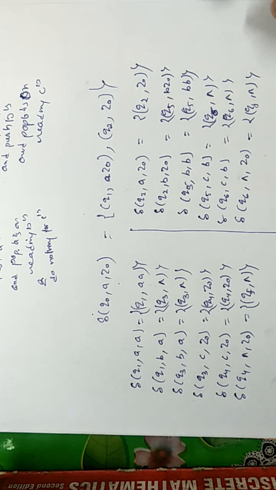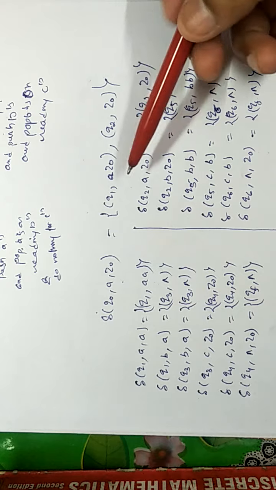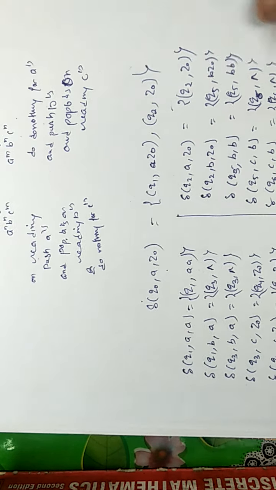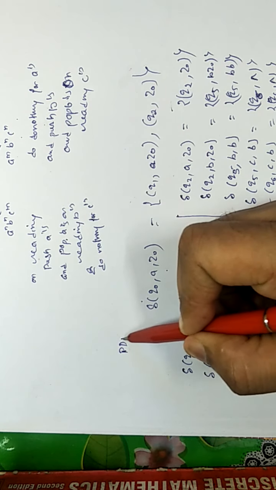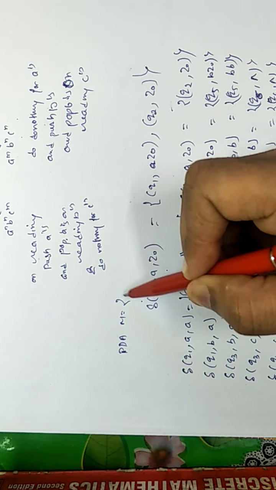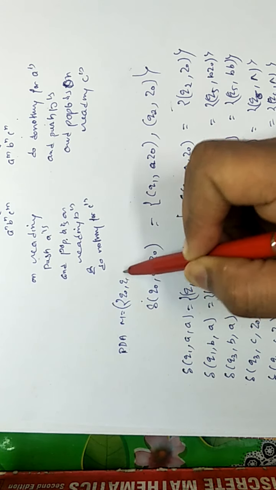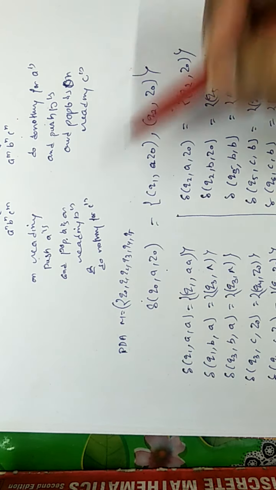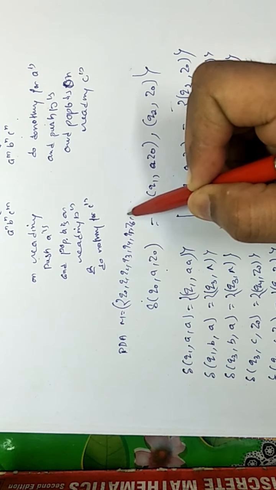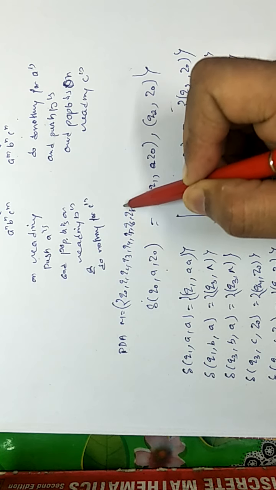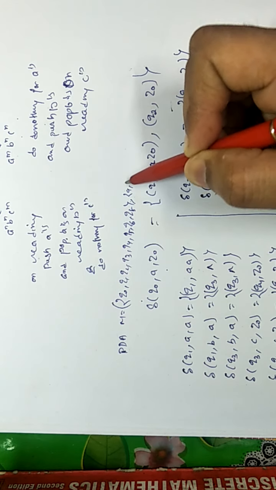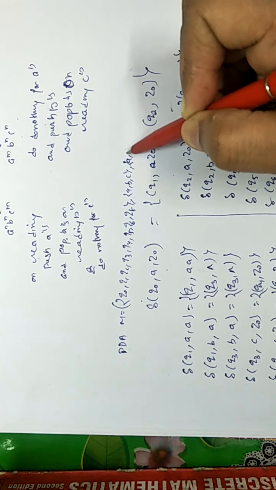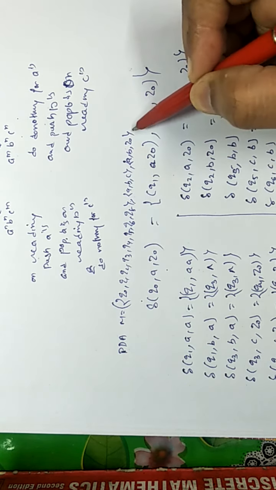So here I took the decision on the very first day, either I am going to do i equal to j or I am going to do j equal to k. The PDA M has a set of states q0, q1, q2, q3, q4, q5, q6 and qf, input symbols a, b, c, and stack symbols a, b, z0.